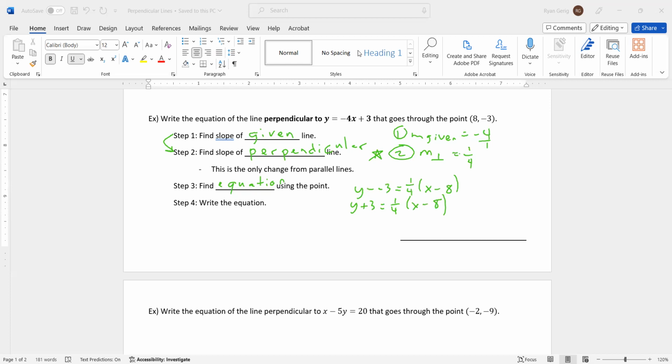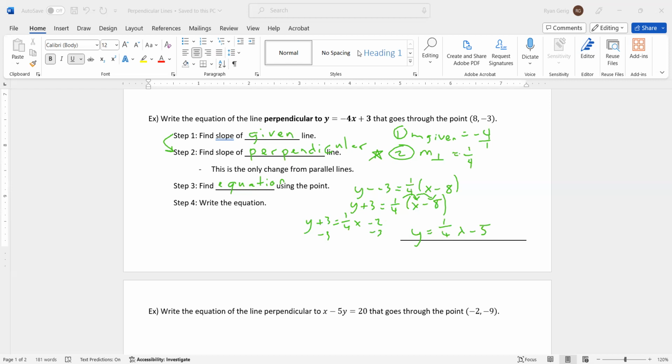If it says what it says in this problem, you can stop right there. However, I'm going to keep going just to show you that you can. So y plus 3 equals 1/4 x minus 2. Subtract 3, I get my final equation of y equals 1/4 x minus 5.